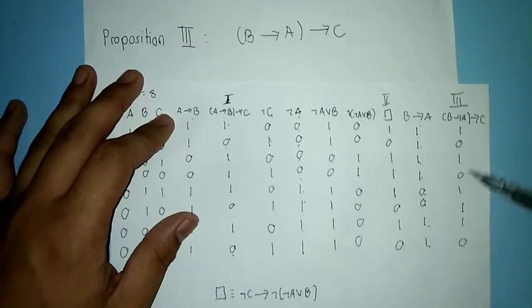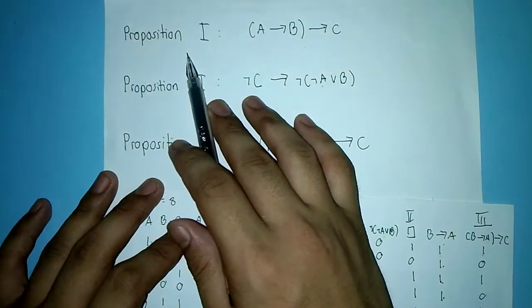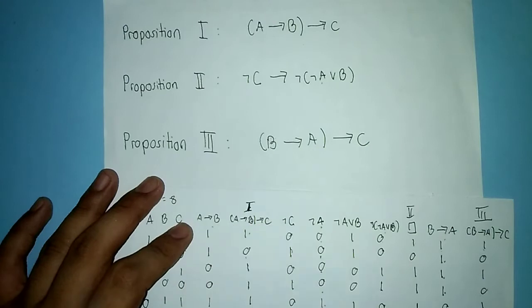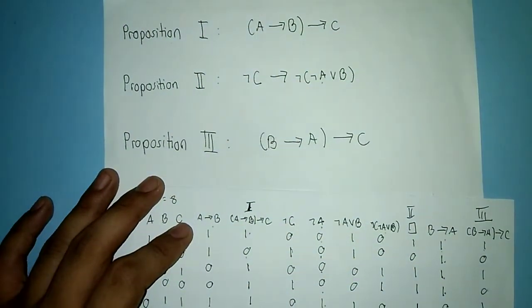But in proposition 3, if you notice, it is different. So proposition 1 and proposition 2 are both not logically equivalent to proposition 3. Only these two are logically equivalent to each other.